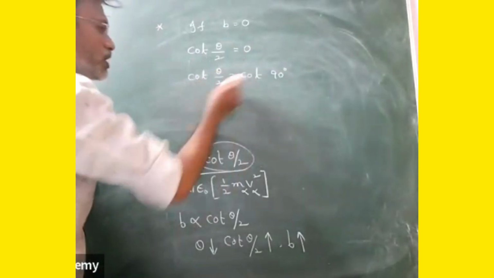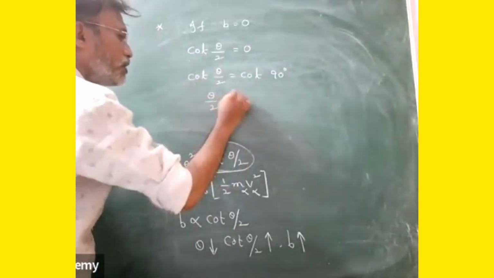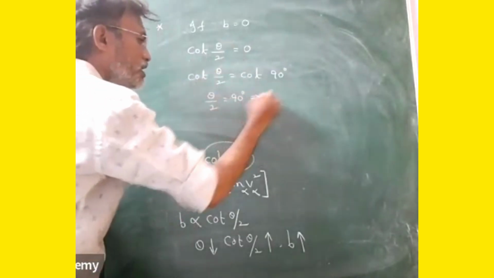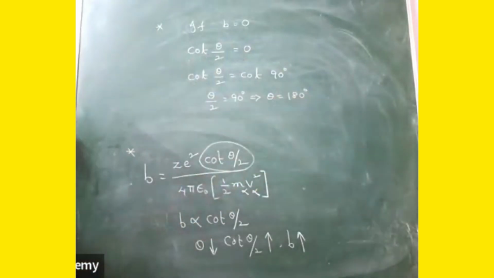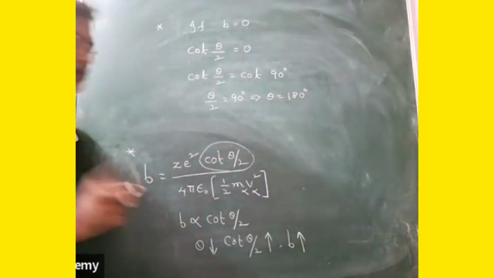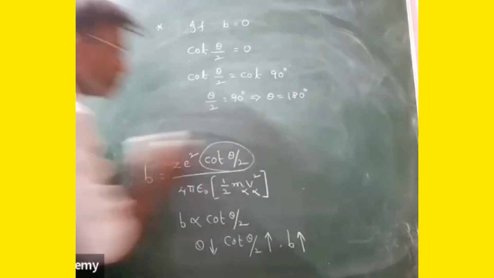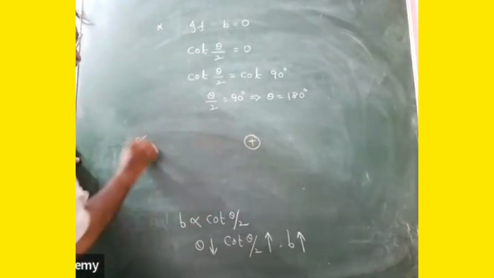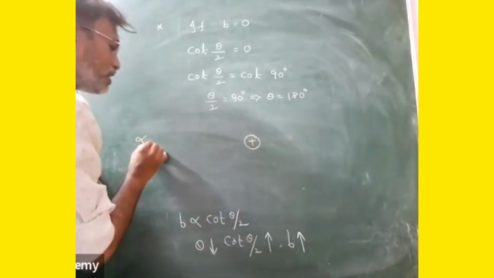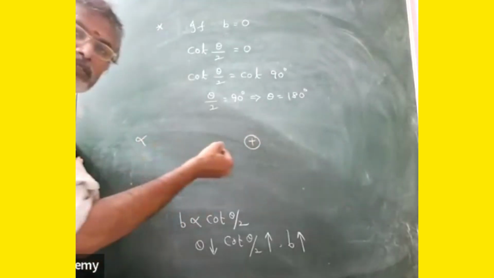Then removing the cot on both sides, theta by 2 equals 90 degrees, so theta is equal to 180 degrees. What does 180 degrees mean? Previously I said one thing: this is the target nucleus and this is the alpha particle. Some of the alpha particles retrace back in the same direction.